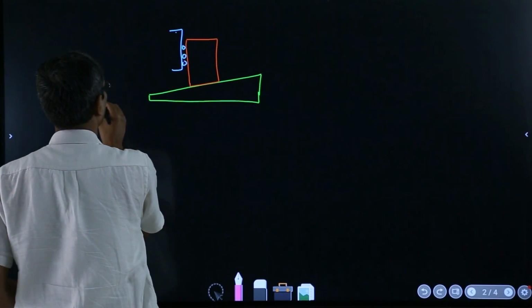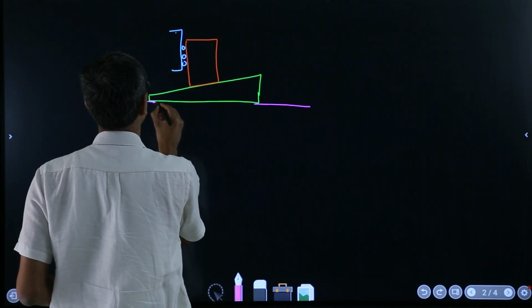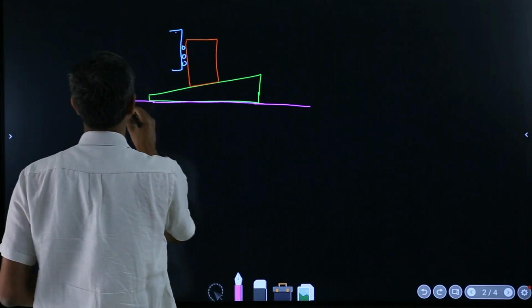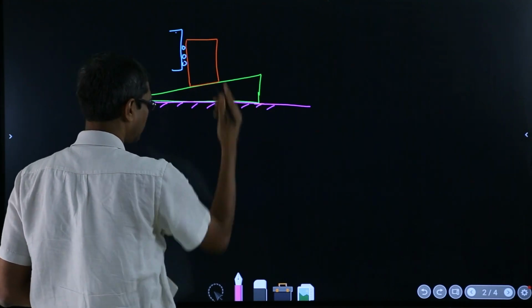Say on the ground, let me complete this. So suppose this is the ground and I wanted to lift this block.